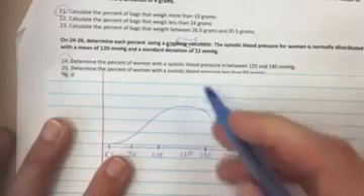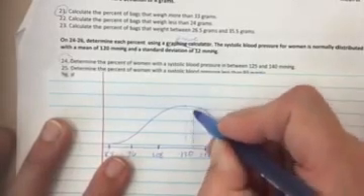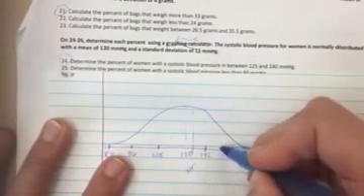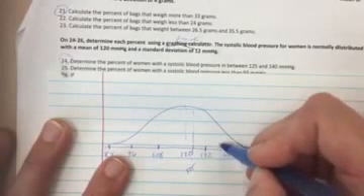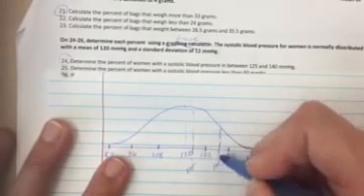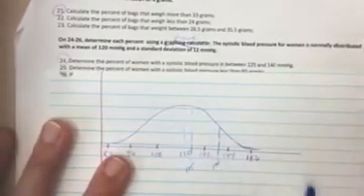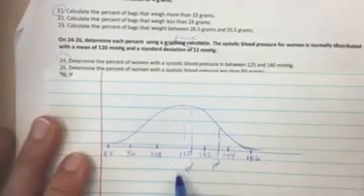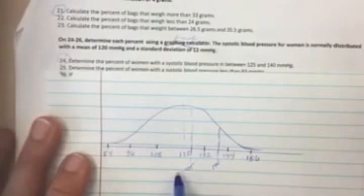But now we want to determine the percent of women with a systolic blood pressure in between 125, that's kind of right in here, right? 125 and 140. So again, that doesn't fall on any nice even. If only it fell on the standard deviations, we could use the empirical rule, but we can't. So we've got to have a strategy.